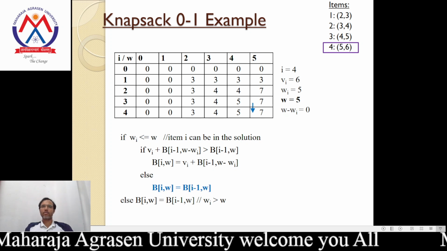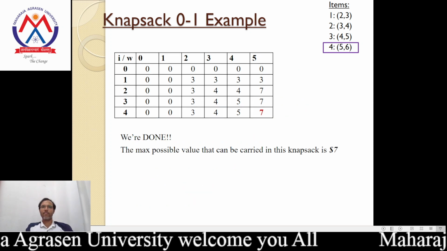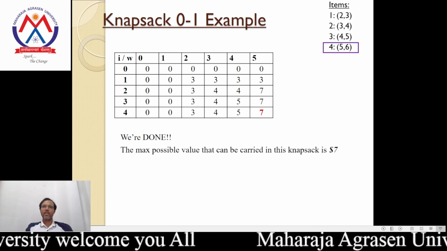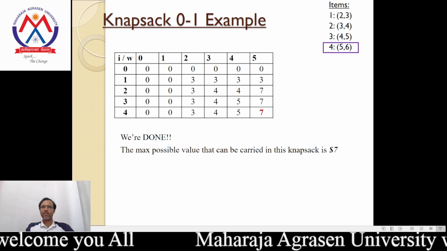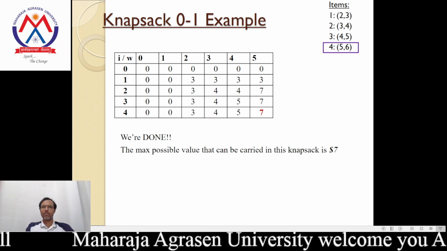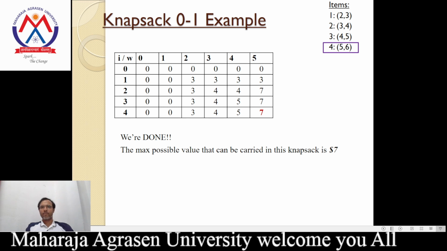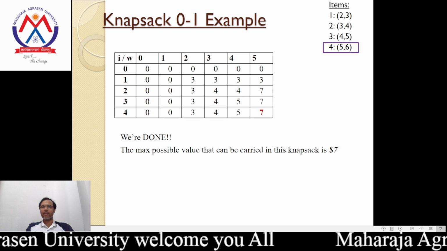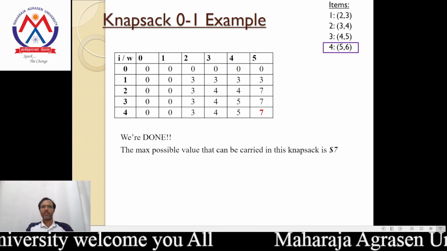Which one is higher, we have to select it. This is the formula we have done. The maximum possible value that can be carried in the next set is 7. The profit value is 7. We have highlighted that part with the red marks. The maximized profit we have collected is 7.